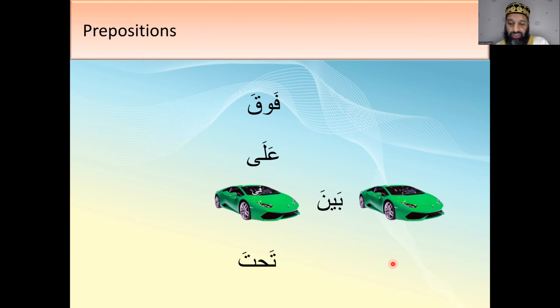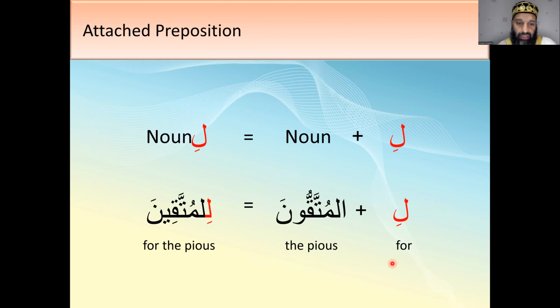What prepositions do is they make the next word majroor. You don't need to know that, but I'm telling you for people who are interested in what's going on. This lam means for. When it comes in front of a noun, it keeps its kasra. Al-muttaqun means pious. The li means for the pious.